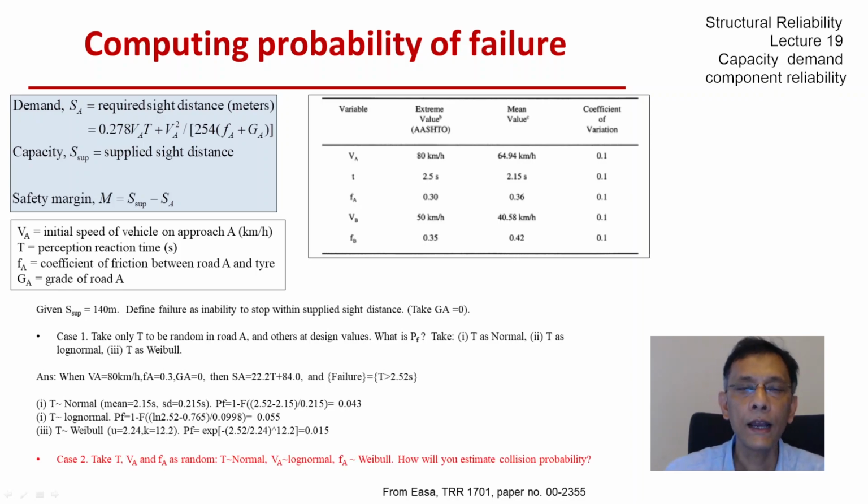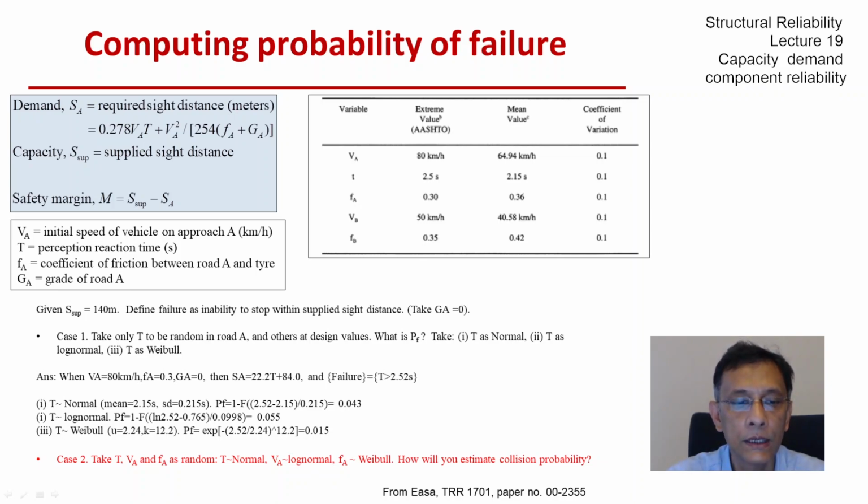But we have a more interesting question here, which is, what if t is not the only random variable, which is what we should expect, and what if VA, the initial speed, and FA, the friction coefficient, are also random variables, and we can define their properties either from data or from the literature or from some reasonable assumptions.